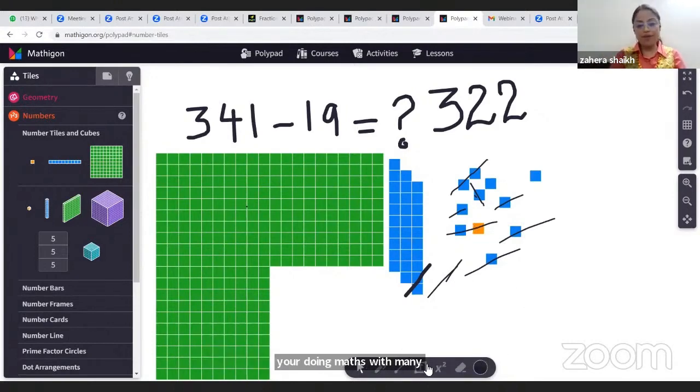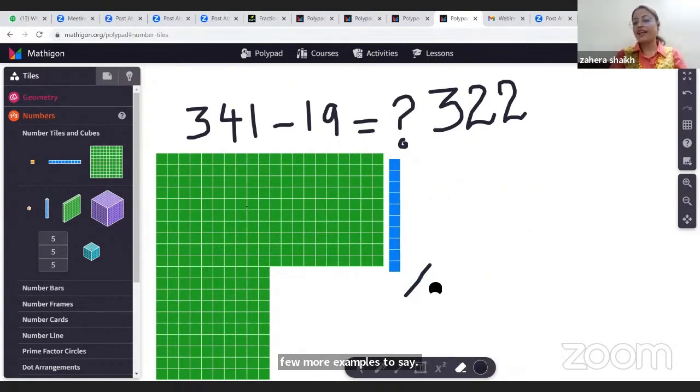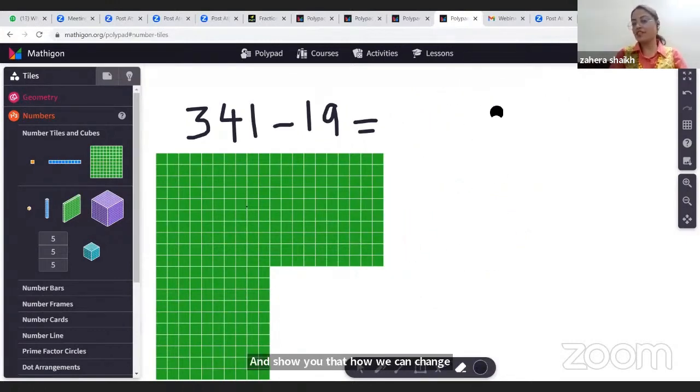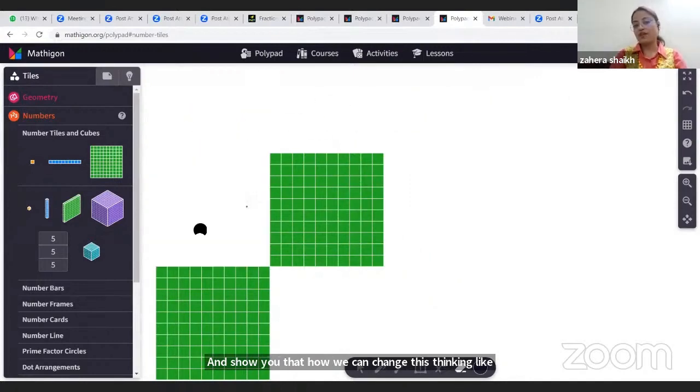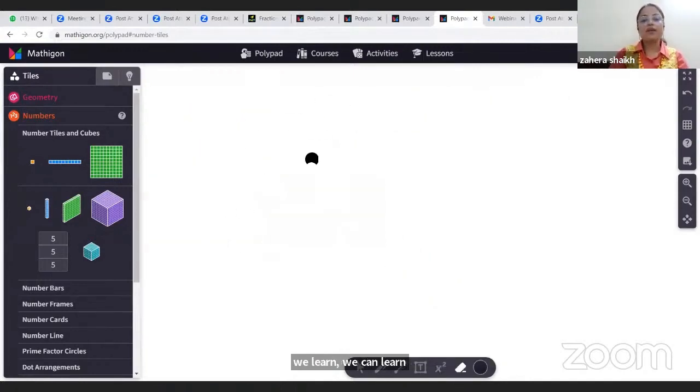So I have a few more examples to show you how we can change this thinking. We should learn maths with manipulatives, not just do maths with them. Now let's do multiplication sums. As we know, from third grade onwards we have 1-digit, 2-digit or multi-digit multiplications.